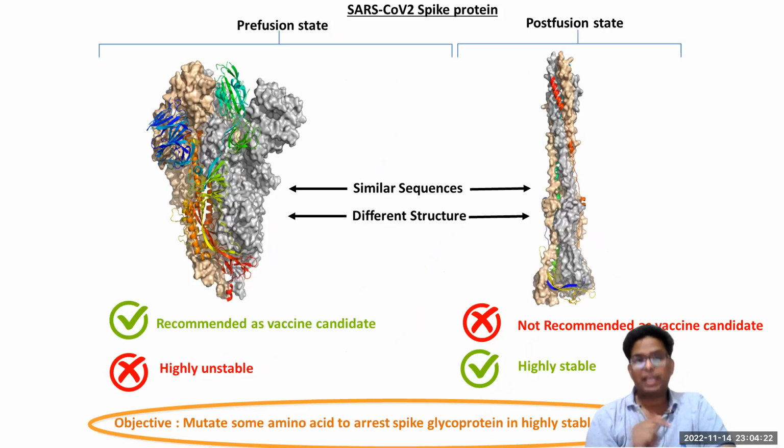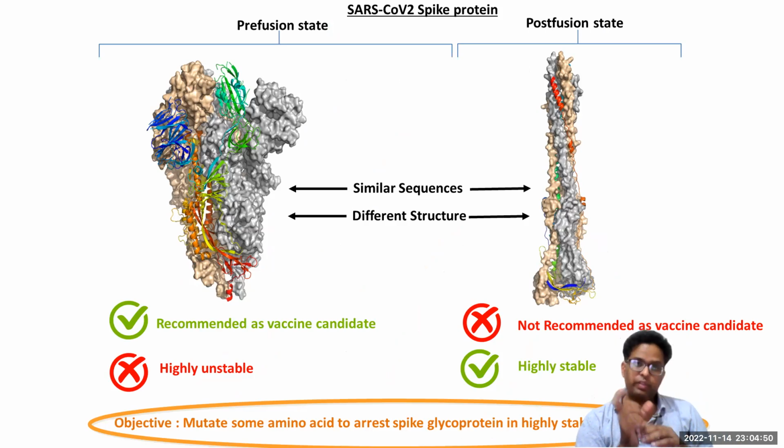But the thing is that everyone uses the SARS-CoV-2 spike protein in the pre-fusion state as a vaccine candidate, because in this state the protein does not bind with the human ACE2 receptor. So that's why the pre-fusion state is recommended as a vaccine candidate, but it is highly unstable.